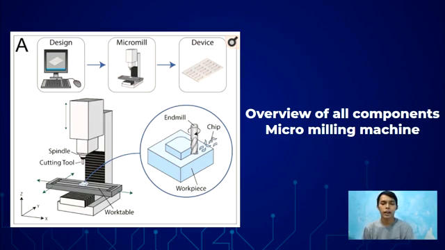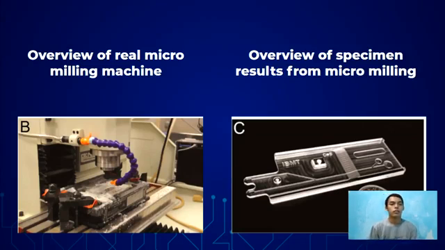And second, there's the spindle, a cutting tool, usually an end mill or fast mill, and the last is the work table. Next slide, we can see an overview of a real micromilling machine in picture B. And we can see an overview of a specimen result from micromilling in picture C.